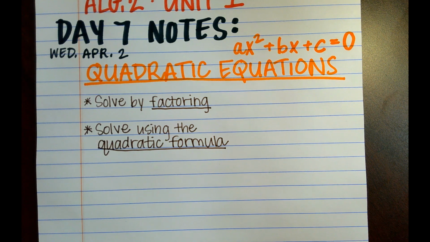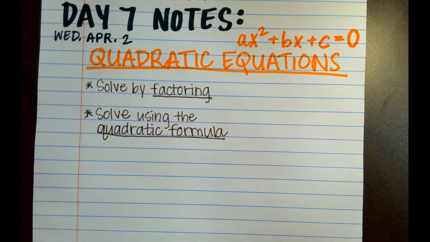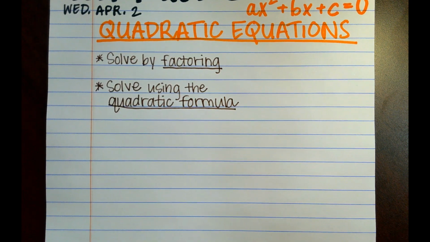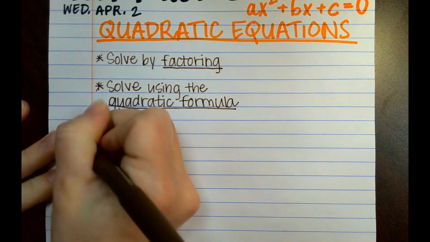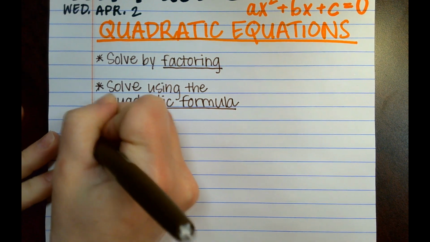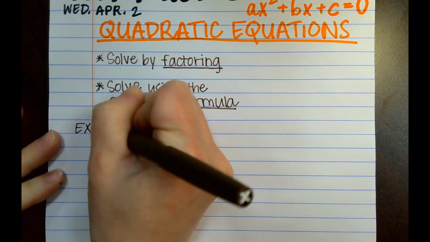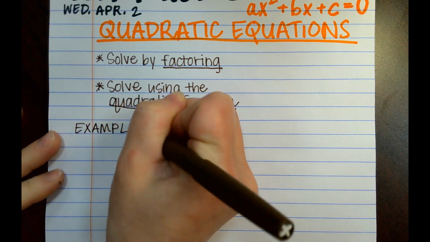So let's see. I'm going to pull out one of my old worksheets and use that to give you guys some problems here. Let's look first at an example. So, here are examples.